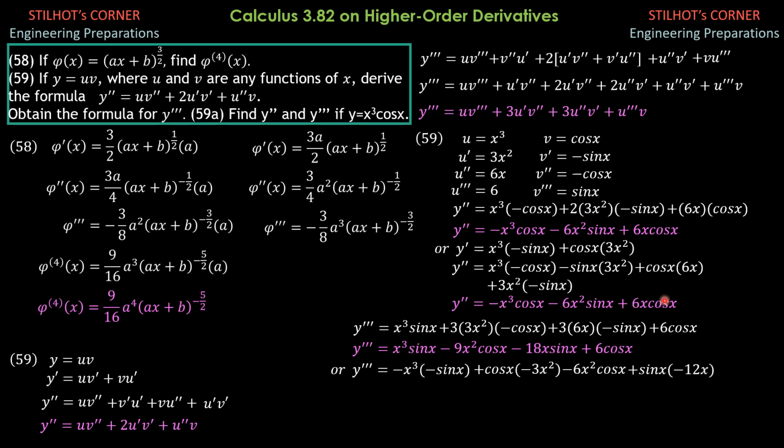Then we have the last term, which is derivative of product, plus 6x, derivative of cosine, negative sine x, then plus cosine x, derivative of first, derivative of 6x, 6.